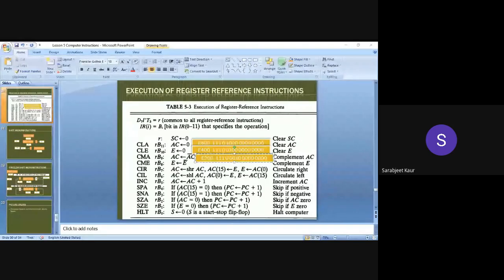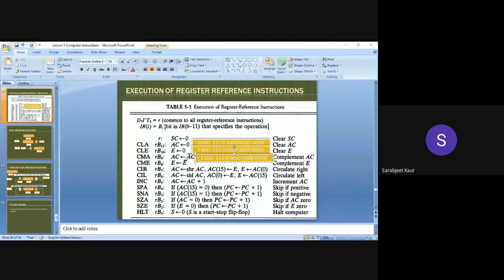So let us first complete this. CLE means the E bit. What is the E bit? E bit stands for the extended bit. It is the leftmost bit.